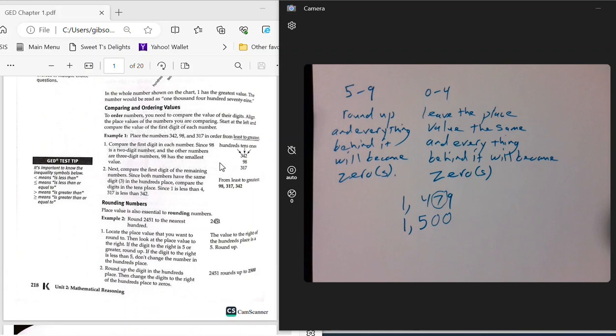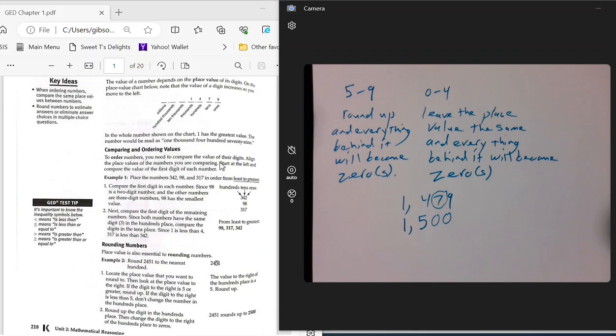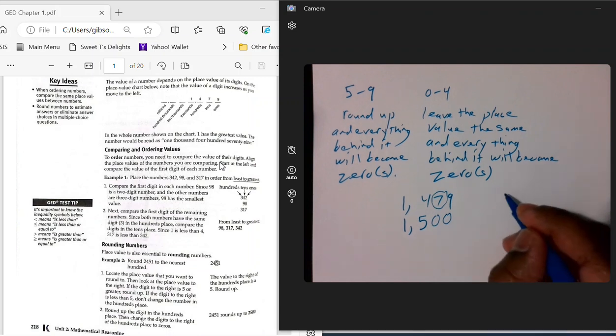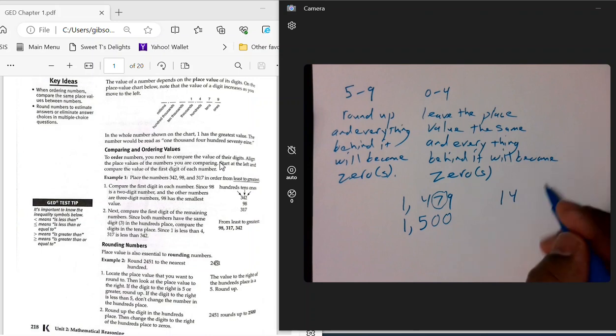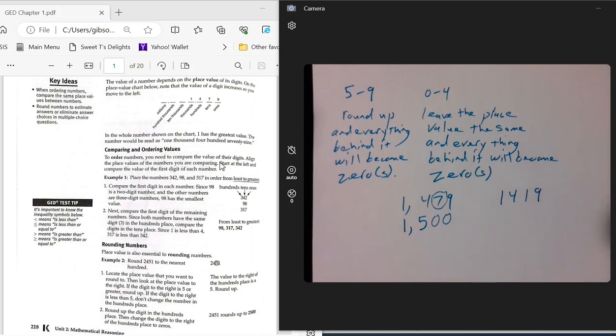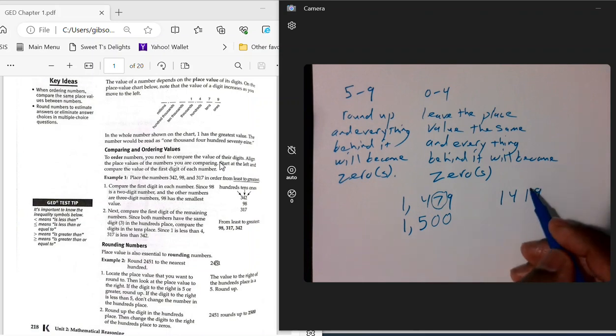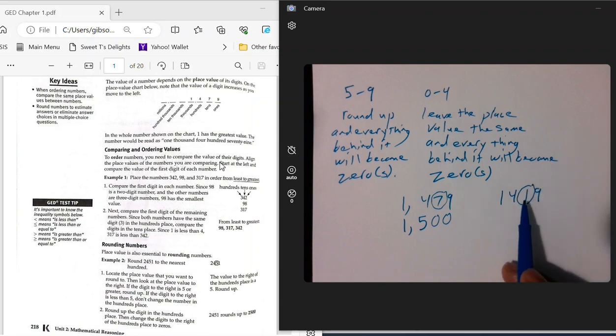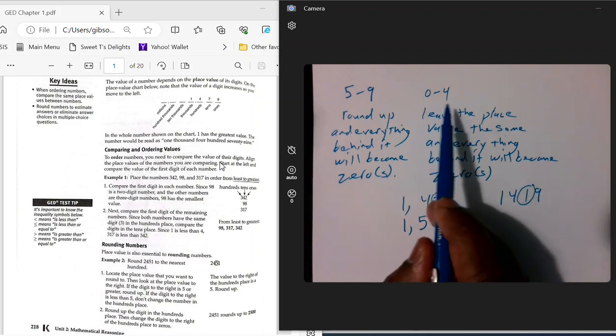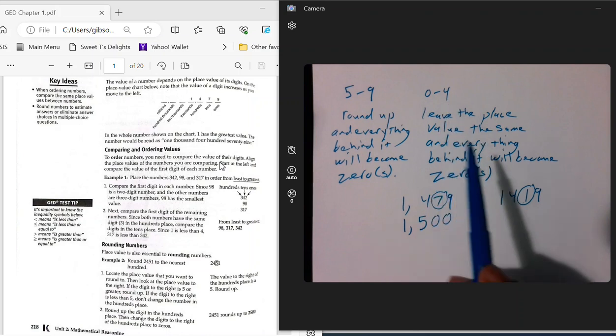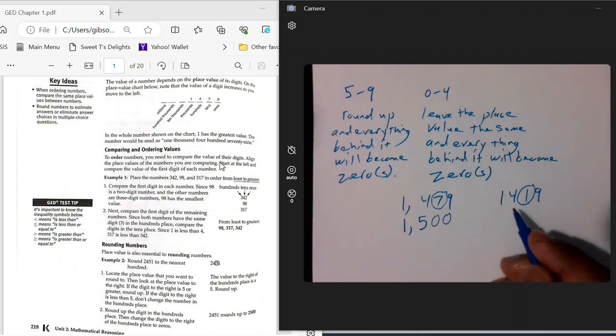Okay, so now, let me do another number because I want you to see what it looks like when the number stays the same. So let's say we have 1,419. Okay, and we're still rounding to the hundreds place. We'll look here at the tens place, and that's 1. This 1 falls in at 0 through 4 for the digits. So we leave this place value the same.